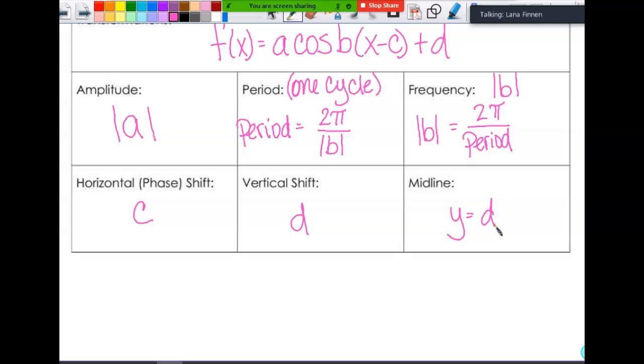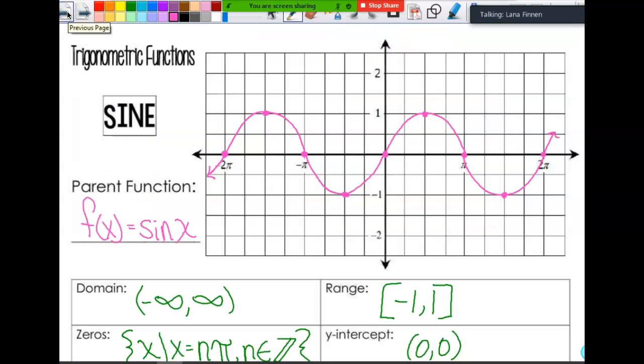Any questions at all? All right, so we're going to draw one more little thing. I should have had you do it on both of these. So go back to your sine graph real quick. We're going to have a parent function, and I'm going to make you draw this little thing. And you've got to trust me on this. You're going to need this to make sure you get all your little points in the right place when we do this.